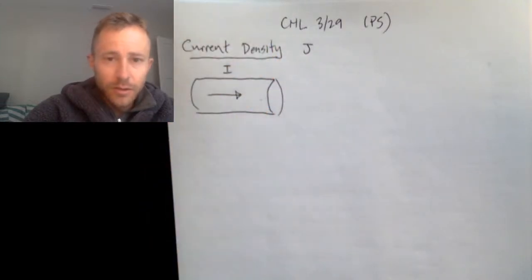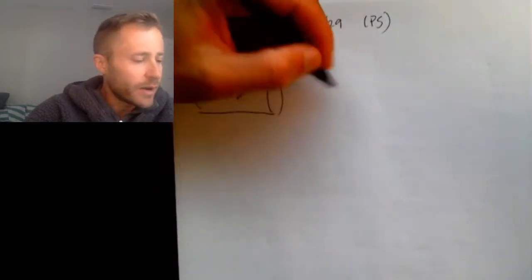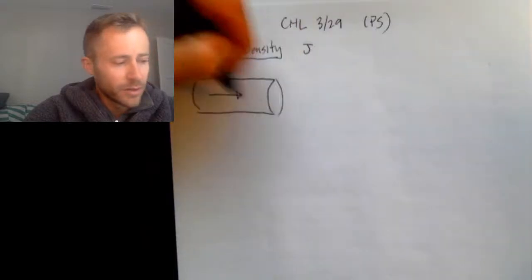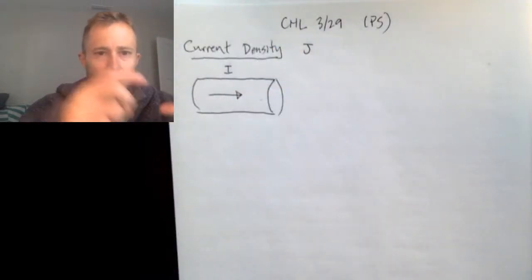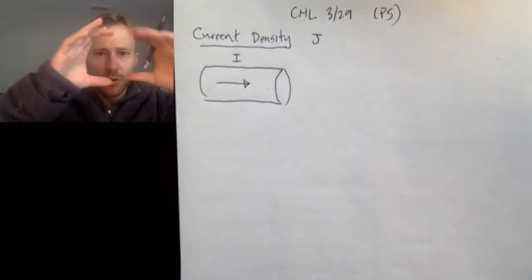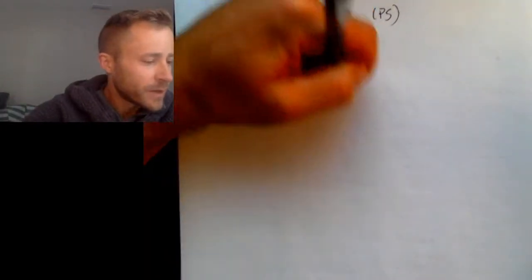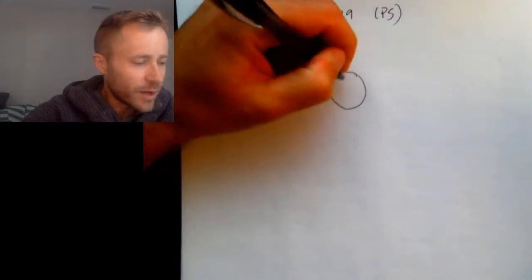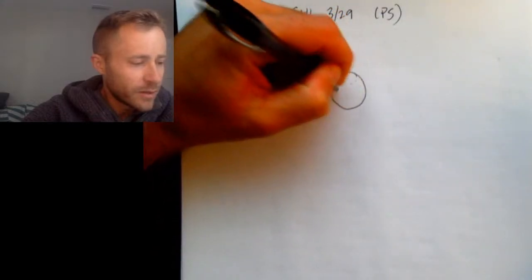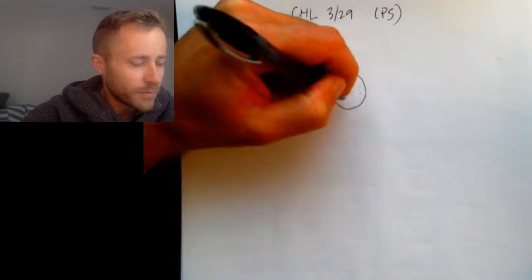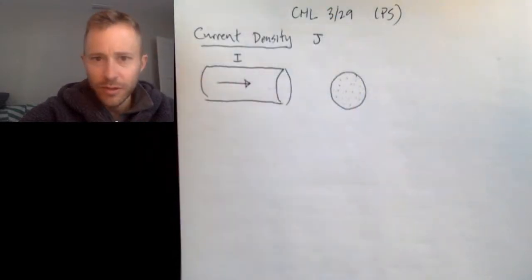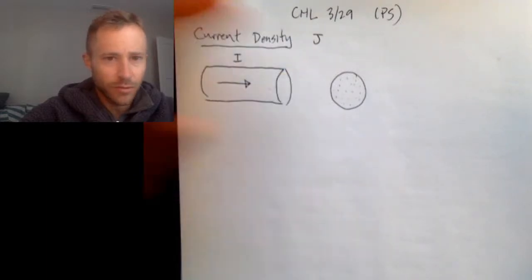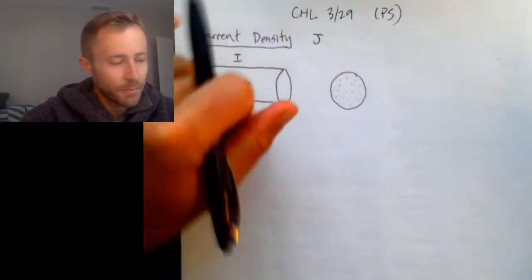So you could have a situation. I'm going to imagine taking the cross section of the wire and rotating it so that it looks like a circle. You could have a uniform density of current, so that the current is evenly spread throughout the cross section of the wire.